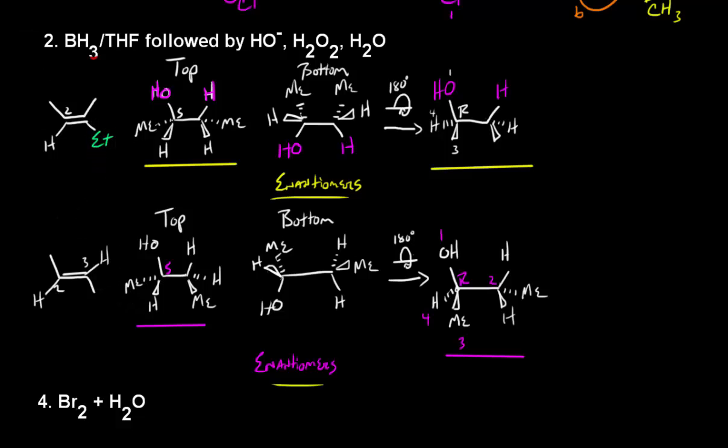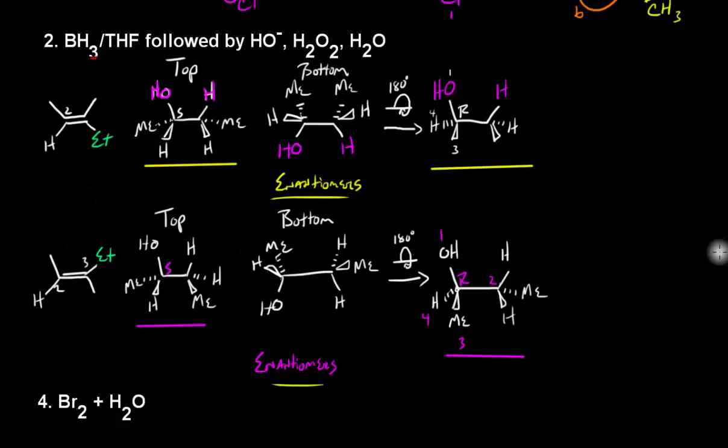And then instead of a hydrogen being here, what if this was an ethyl? So these would make really interesting starting materials to play around with to see if you would still get enantiomers, or would you potentially get diastereomers, or would you potentially get different products between two different compounds. So you might want to play around with these.